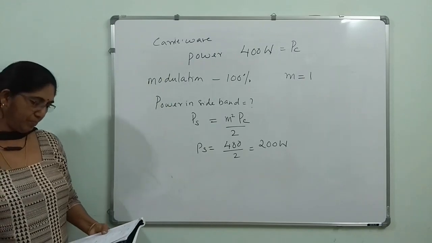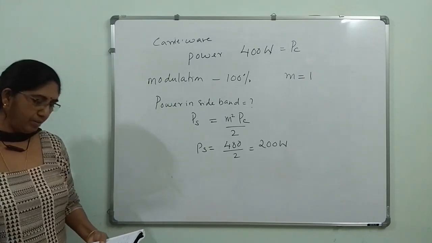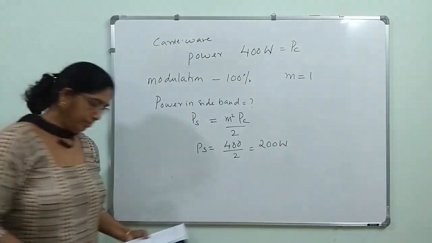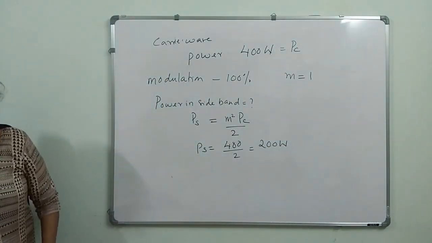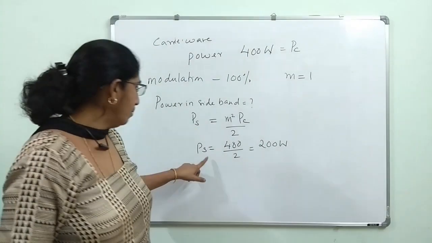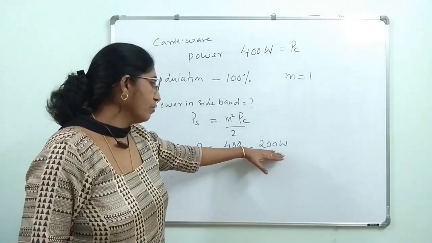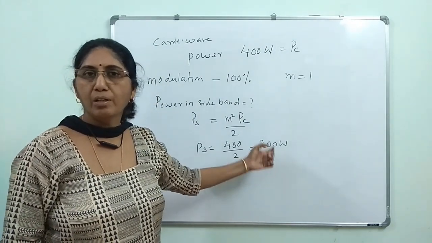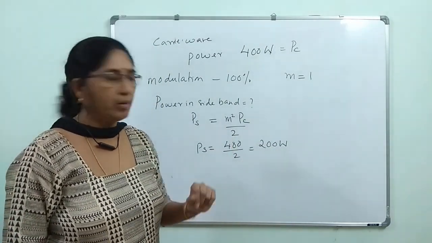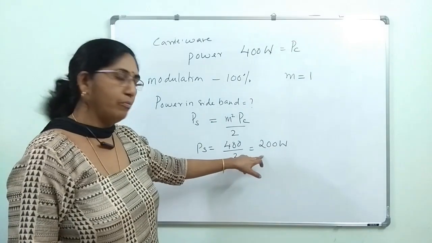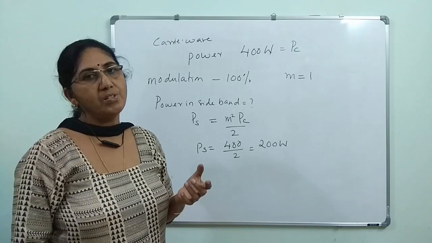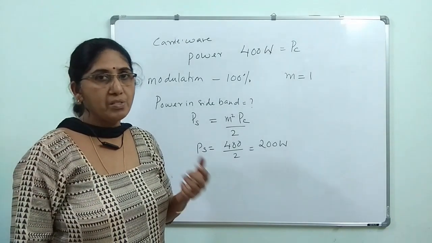Is it not? So this power of 200 watts is actually distributed between the two sidebands, lower and upper sideband. We have discussed earlier also the amplitude is M EC by 2.